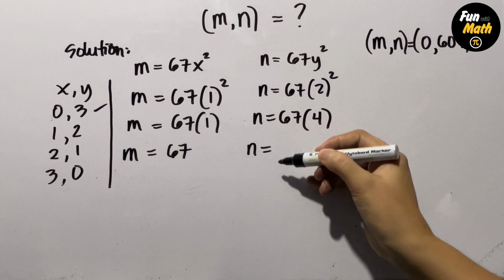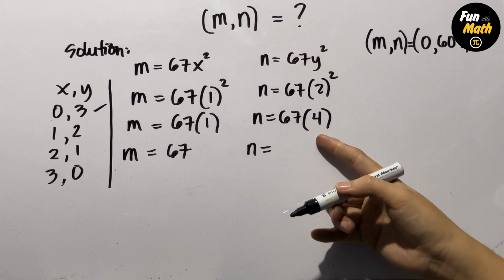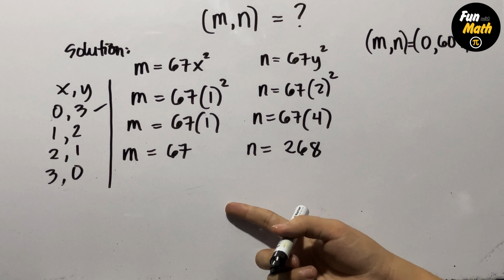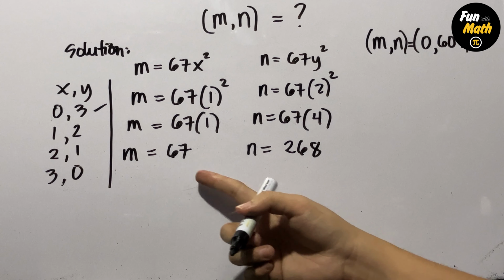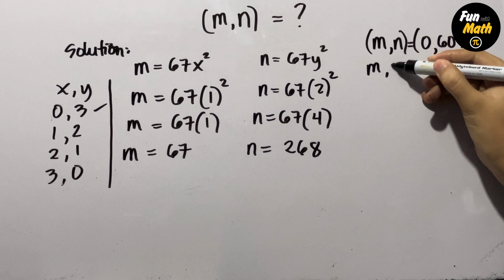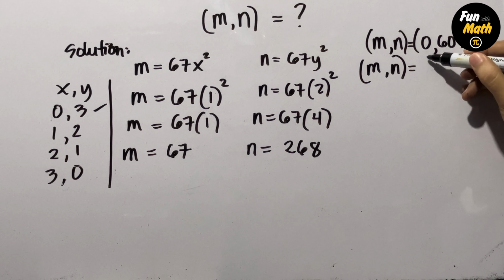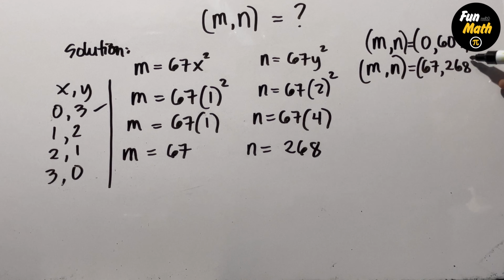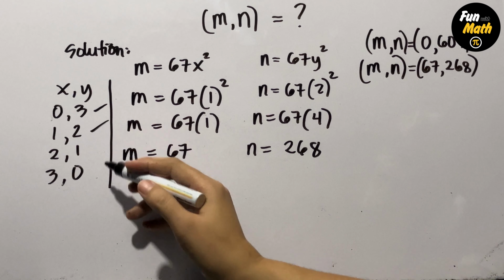And then n is equal to 67 times 4, that is equal to 268. So we have the values of m and n, 67 and 268. So we are done with this.